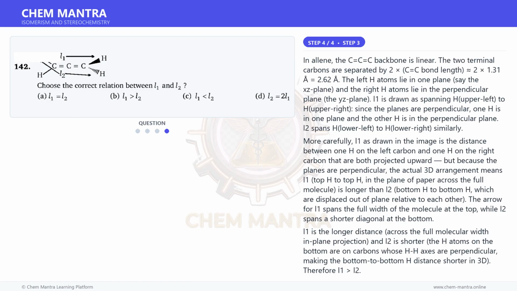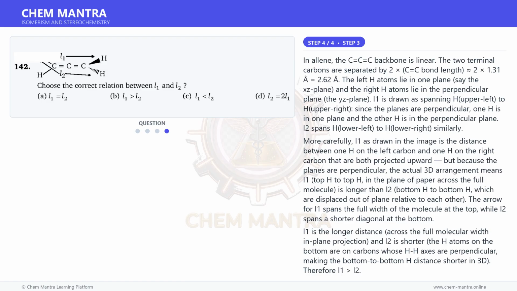More carefully, L1 as drawn in the image is the distance between one H on the left carbon and one H on the right carbon that are both projected upward, but because the planes are perpendicular, the actual 3D arrangement means L1, top H to top H, in the plane of paper across the full molecule, is longer than L2, bottom H to bottom H, which are displaced out of plane relative to each other.